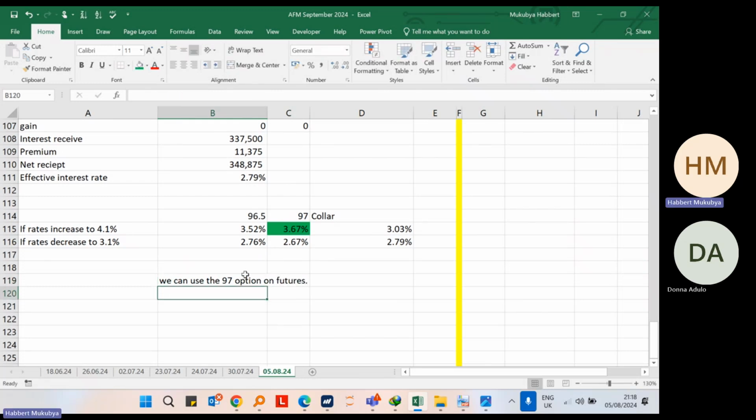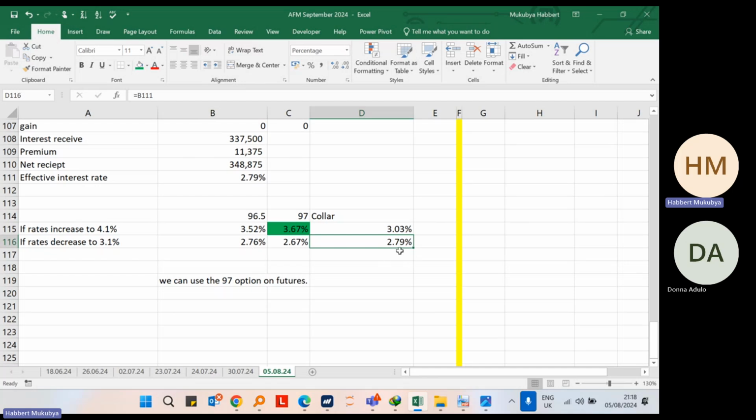Then if you look at the collars, the collars are going to put us at a lower value than what the option itself gives us. But the argument here would be, since the interest rates might increase or decrease, you see that if they decrease, we don't go as low as 2.67 or 2.76.